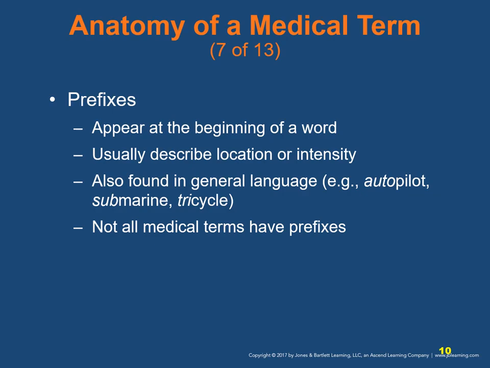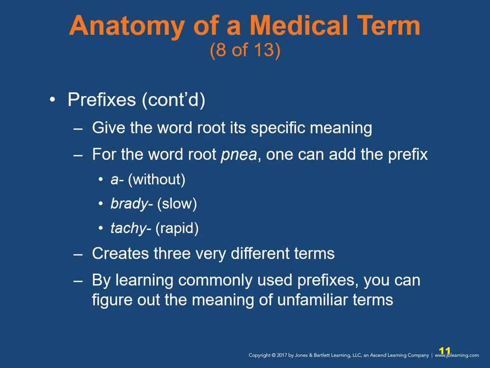Not all medical terms have prefixes. A prefix gives the word root its specific meaning. For the word root pnea, one can add the prefix a, which means without, brady, which means slow, or tachy, which means rapid, to create three very different terms. By learning the commonly used medical prefixes, you can figure out the meaning of terms that may not be immediately familiar to you.